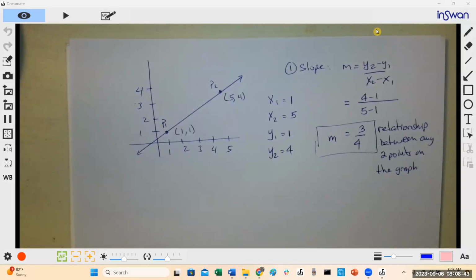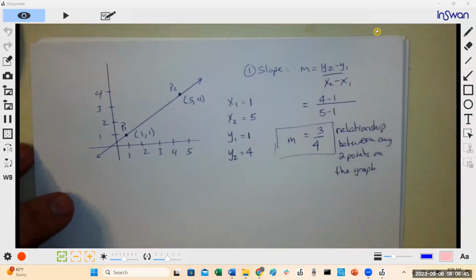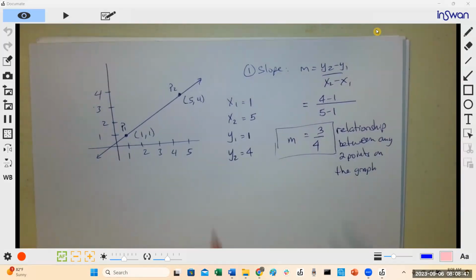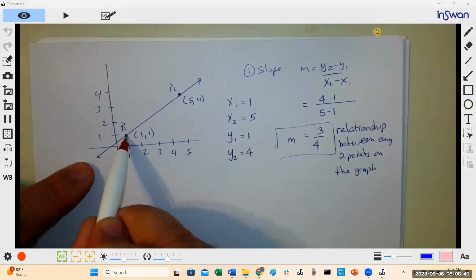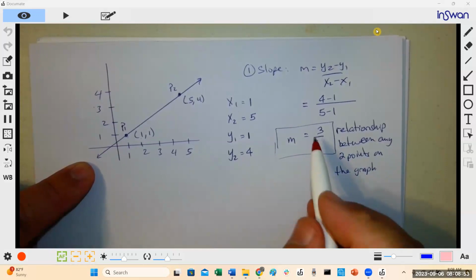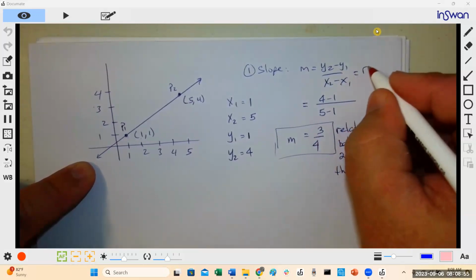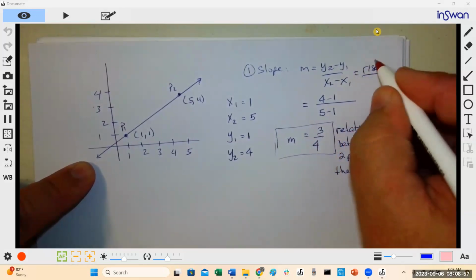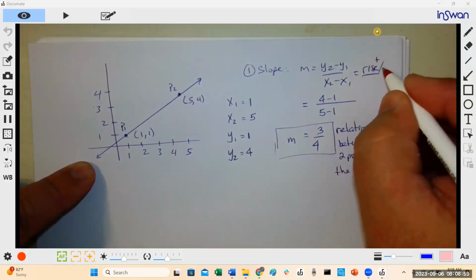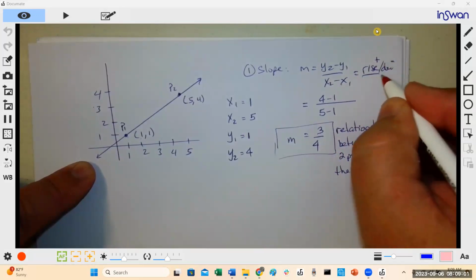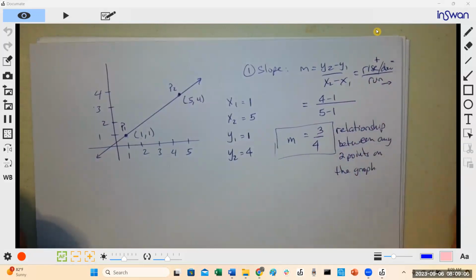The relationship between any 2 points on the graph. So we start at the first point, find a point, and follow the slope. Remember, slope was rise, up if it's positive, down if it's negative, over run, which is always positive.